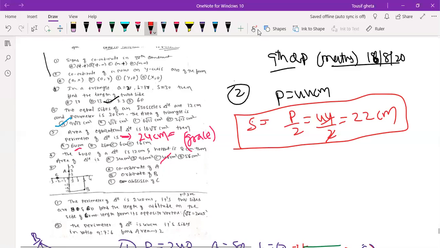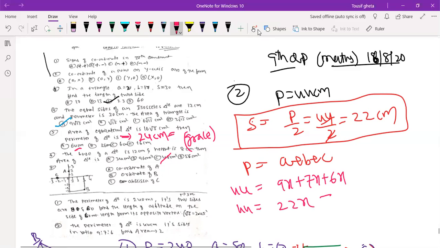So perimeter is equal to a plus b plus c. The perimeter is 44 and the sides are 9x, 7x and 6x. So 44 is equal to 22x. So x is equal to 44 by 22, which is 2. So x is equal to 2.